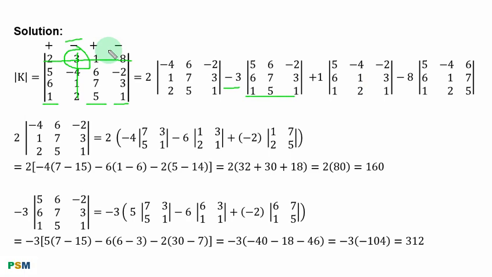You move to the third element. The third element in the first row is 1. That is plus 1. You record it. Then you delete row 1, column 3. That is first row, third column, where that element is located.